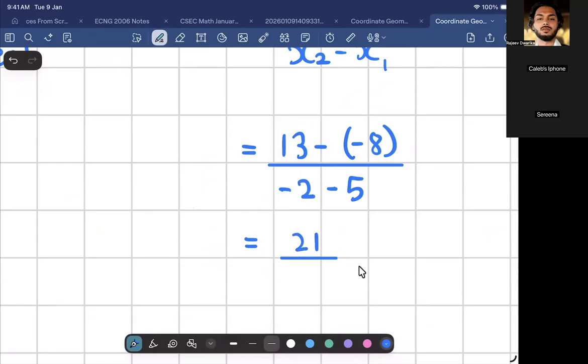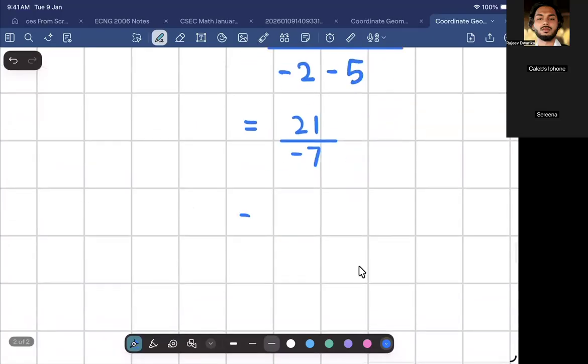All right, what is minus 2 minus 5? Imagine you take $2 and then you take $5 again. How much money do you take altogether? Minus 7. All right, so we have a positive 21 divided by a negative.